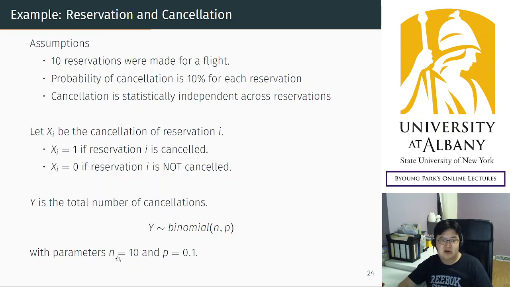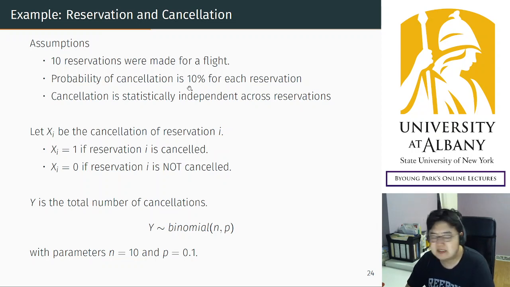And those parameters are known: 10 reservations, because one reservation is one experiment, since probability is attached to each reservation, and it is repeated 10 times. So n is 10 and p, the probability of success, and success here is cancellation. That's how we defined it. Cancellation is success, so its probability is 10% again. So this is how we define a binomial distribution.